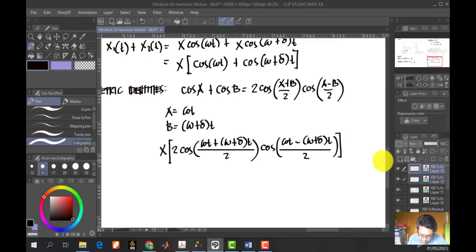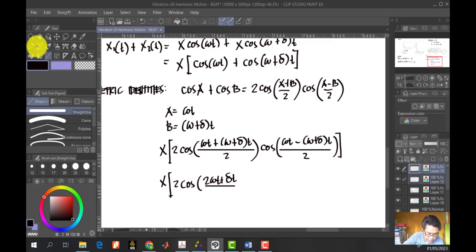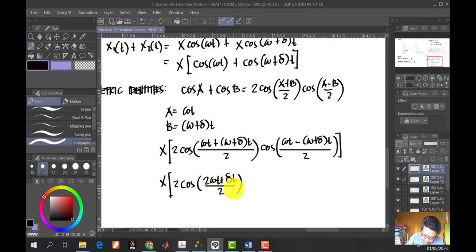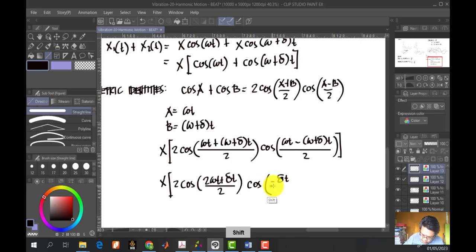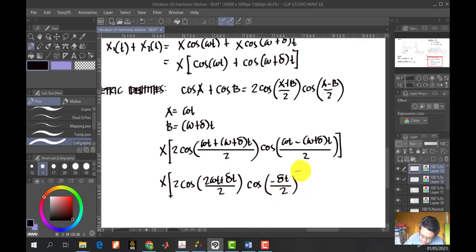Then I can distribute this: x times 2 cosine of 2 angular velocity times time plus lambda times time, all over 2, then cosine of, distributing this one, the angular velocity terms cancel out and what is left is lambda times time, all over 2.